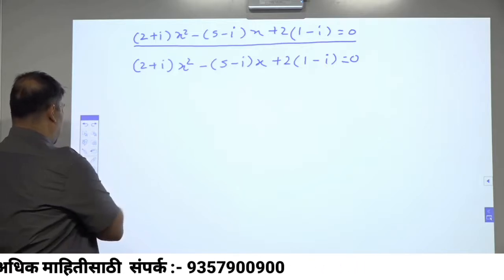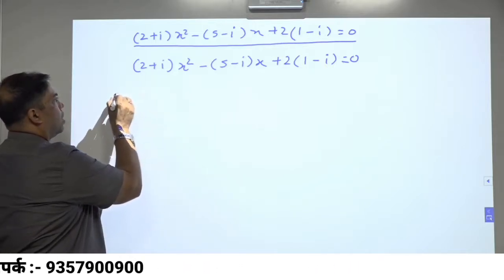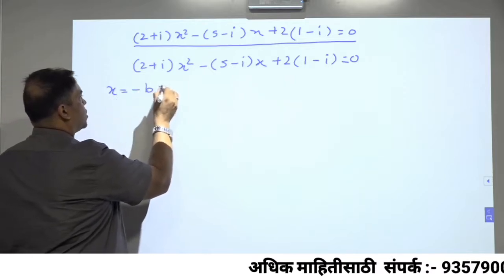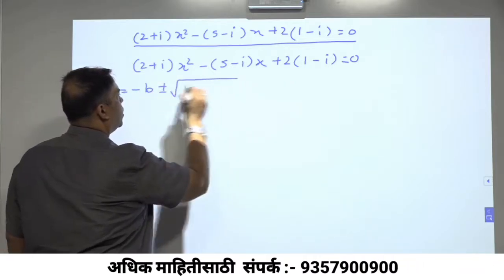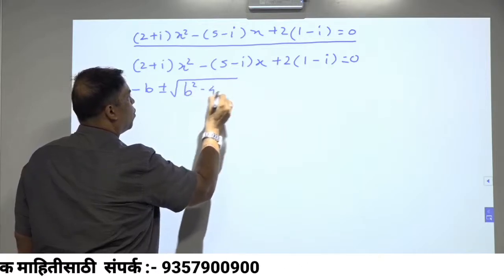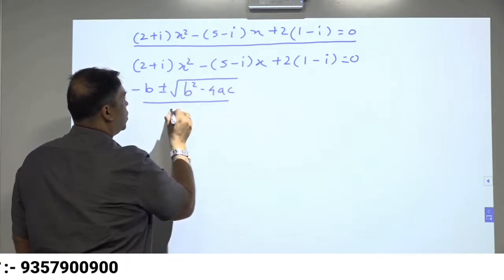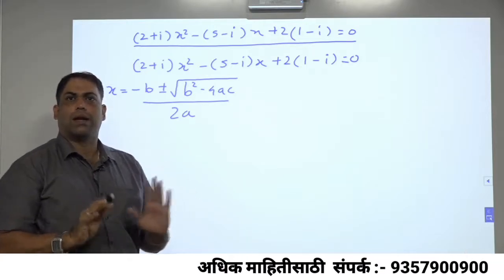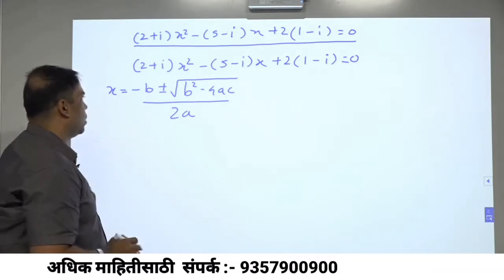First, see what is the basic requirement. The formula: x is equal to -b plus or minus square root of b square -4ac upon 2a. This is the basic formula we are using for a quadratic equation, correct? Now what to do?